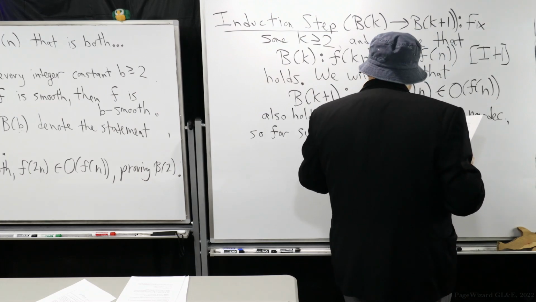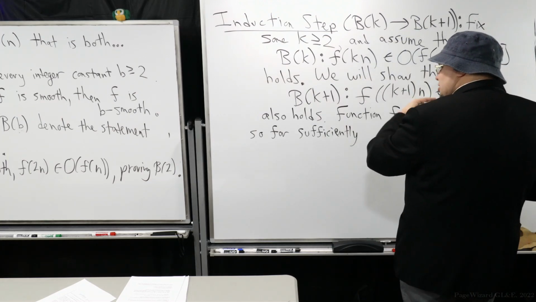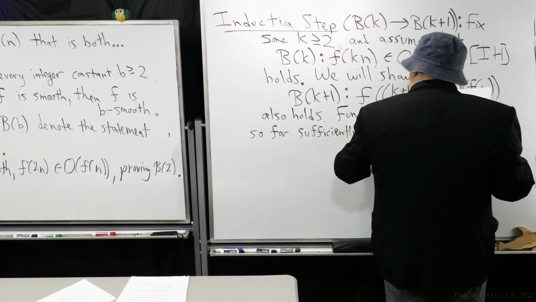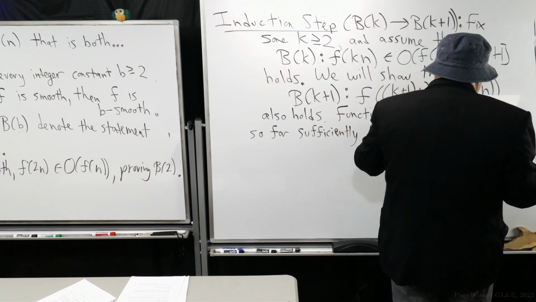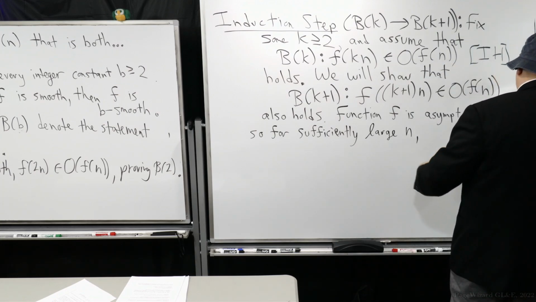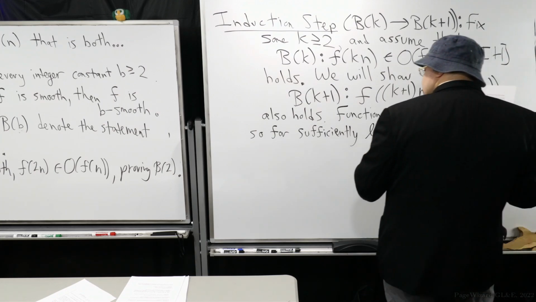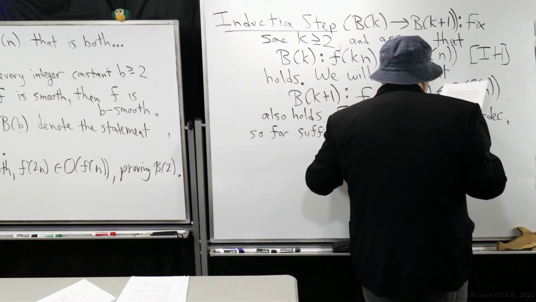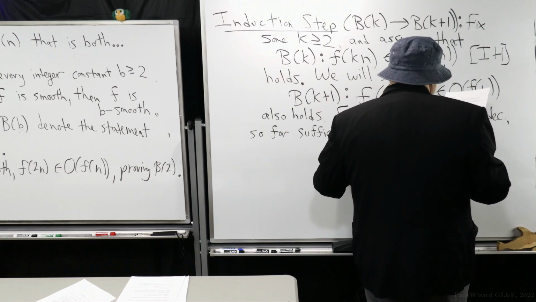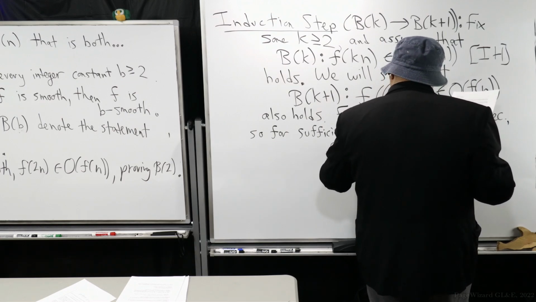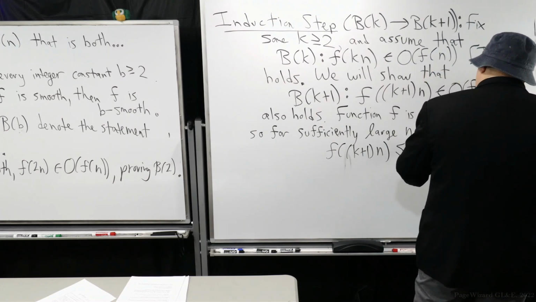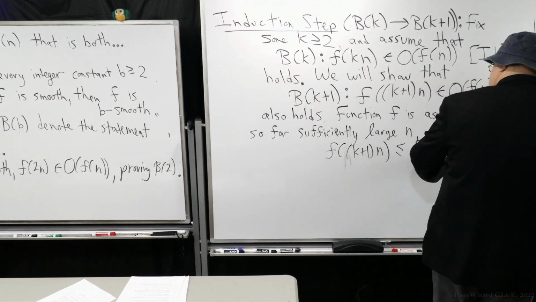But the asymptotic non-decreasing function definition says that there's a sufficiently large n, which we called in that definition n0, large n, that f of k plus 1 times n is less than or equal to f of 2kn.